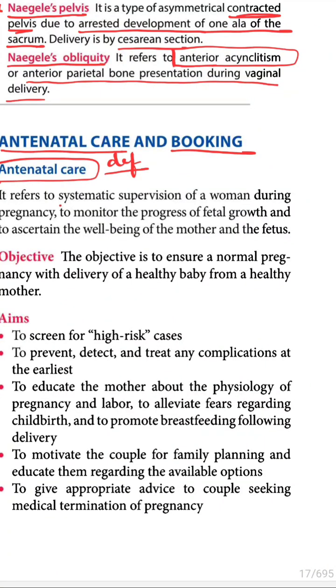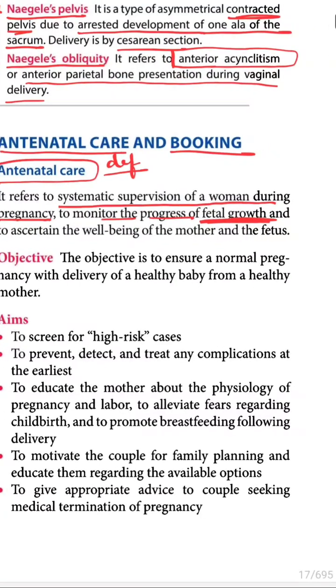Antenatal care refers to systemic supervision of a woman during pregnancy to monitor the progress of fetal growth and ascertain the well-being of the mother and the fetus. So you are going to monitor the fetal growth as well as the well-being of the mother and the fetus, and by doing a systemic supervision, this is referred to as antenatal care.